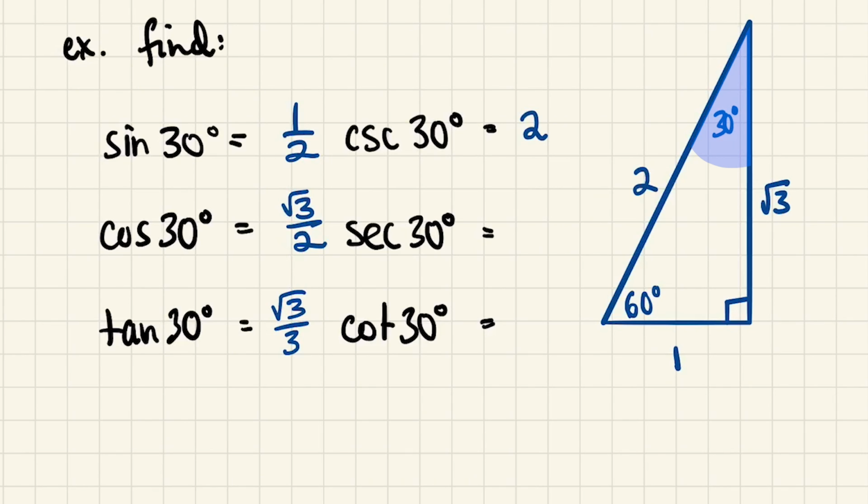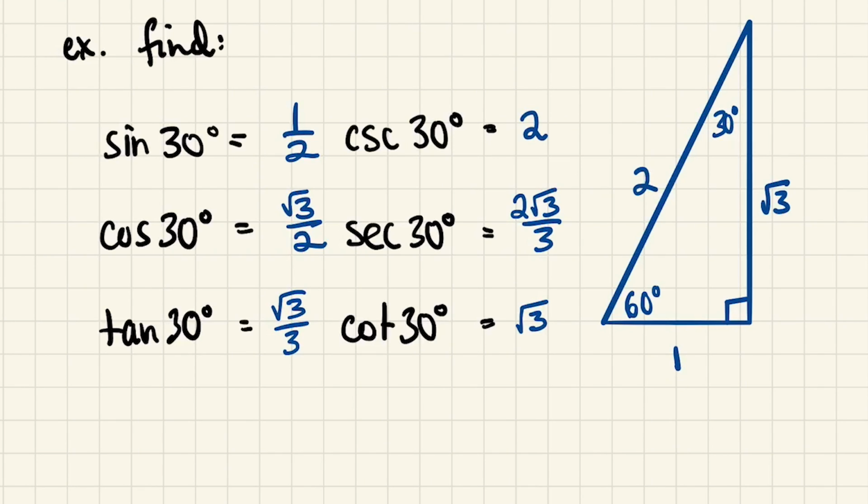Cosine's adjacent over hypotenuse, so secant will be hypotenuse over adjacent. So that's 2 over rad 3, but we'll write it rationalized. And cotangent of 30 degrees, well, that would be adjacent over opposite, right? It's the reciprocal of tangent. So rad 3 over 1, which is, of course, just rad 3.